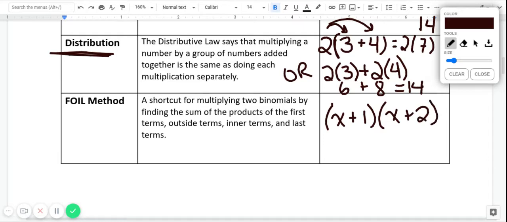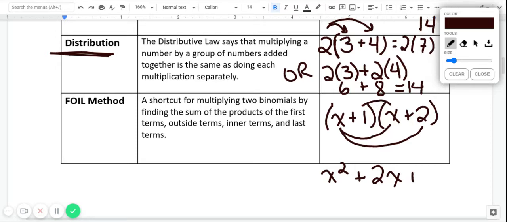We take the product of the first terms, so x times x, which is x squared, plus the outside terms, so that's x and 2, which you might be able to see is really just the distributive property, so this is plus 2x. The inner terms, this is 1 and x, plus 1x, and then the last terms, this is 1 and 2. This is plus 1 times 2, which is 2.